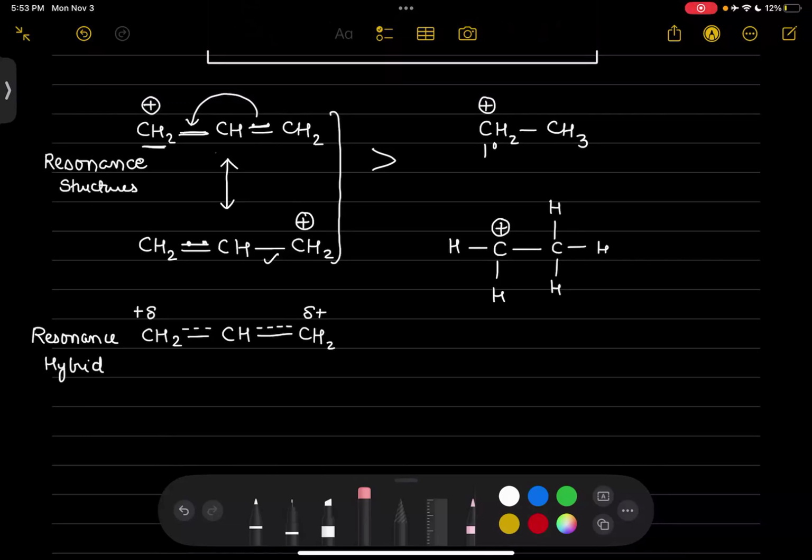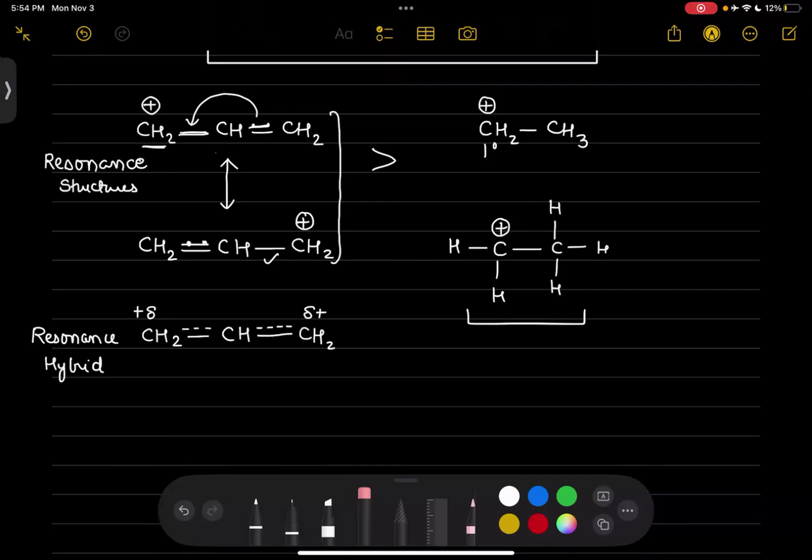So it is stabilized by what factors? Which effect: resonance, inductive, hyperconjugation? I am talking about this one. Can it undergo resonance? No. Why, Nabila, can it not undergo resonance?